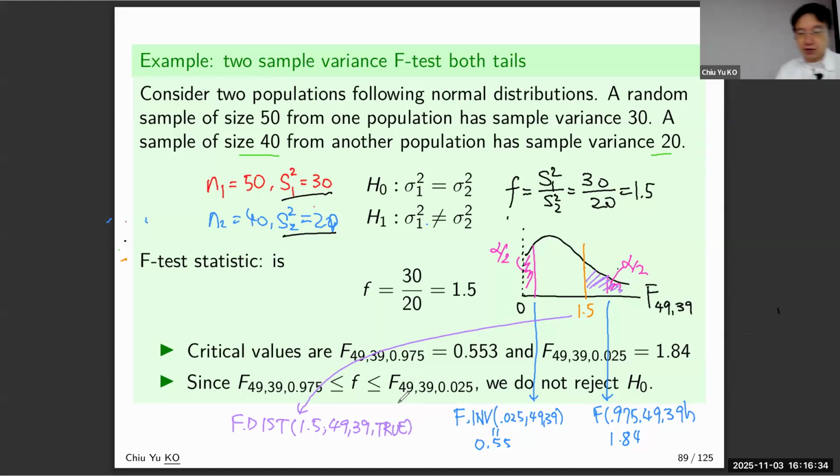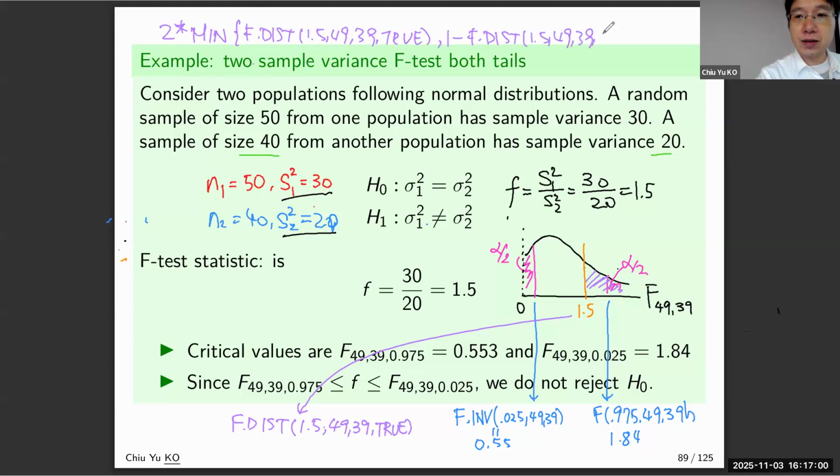So if you really want the formula, it will be 2 times MIN of F.DIST of 1.5, 49, 39, true, comma, 1 minus F.DIST of 1.5, 39, 49, true, close bracket.